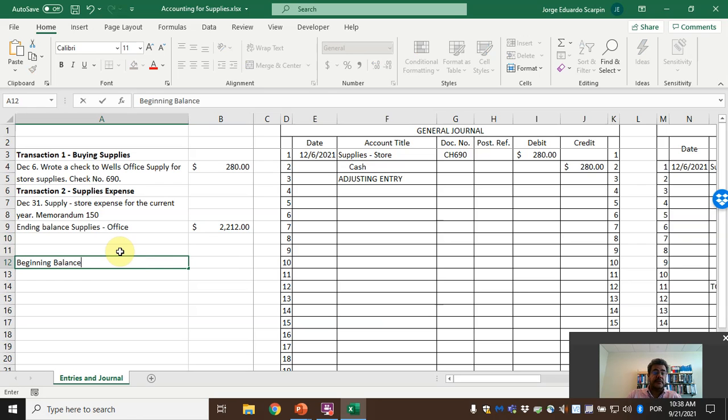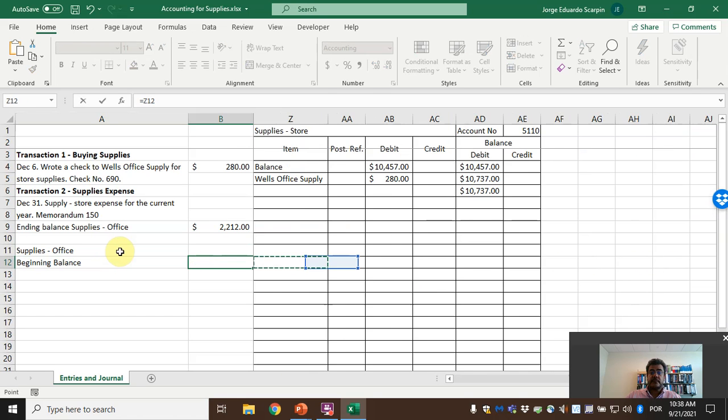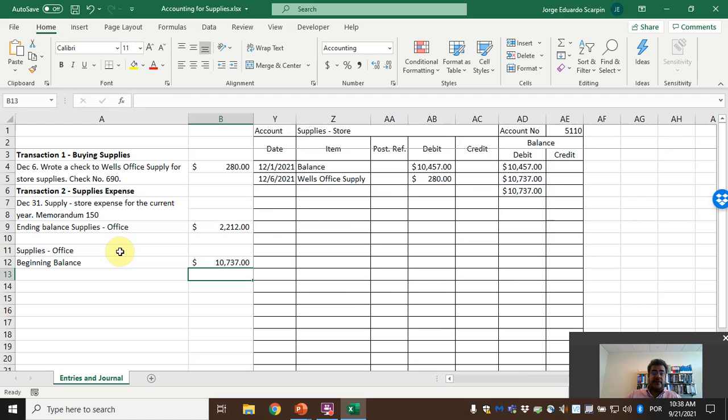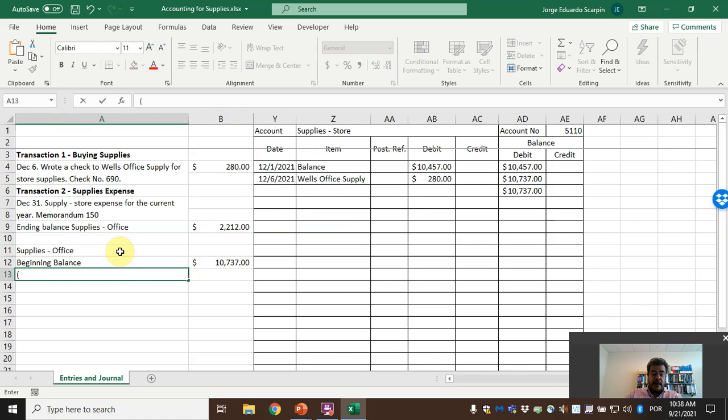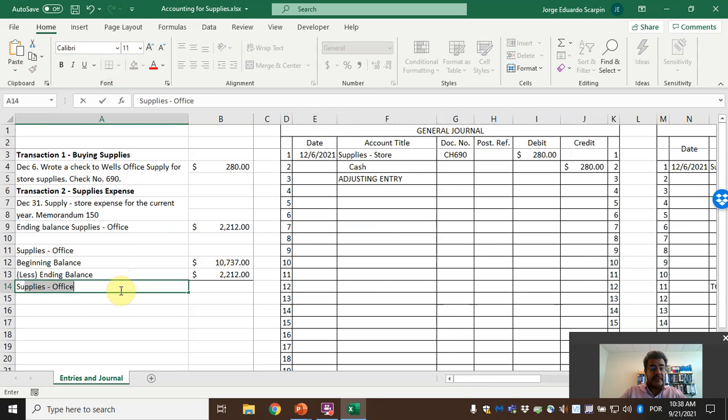Beginning balance, supplies office, beginning balance 10,737, less ending balance 2,212. So beginning balance less ending balance, it is our supplies expense.